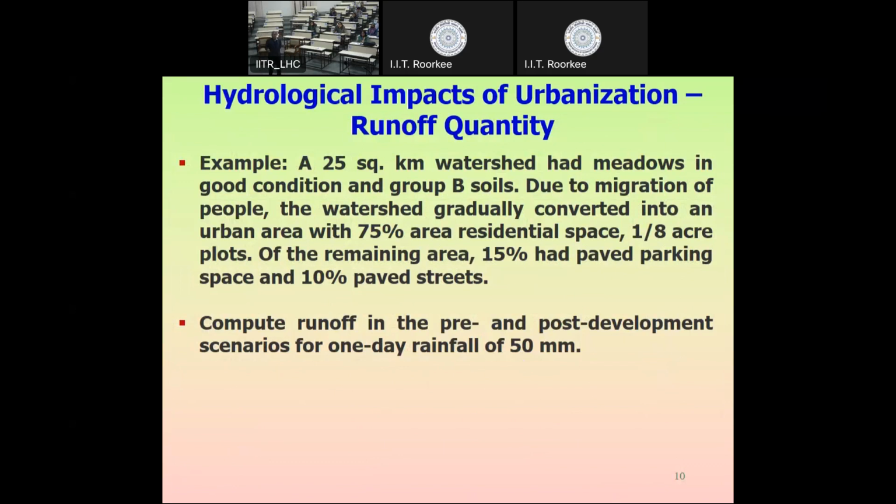After some time, this place was completely urban, with 75% of the area occupied by residential space with this plot size. Of the remaining area, 15% had paved parking space and 10% paved streets. Now the question is that we need to compute runoff in the pre and post development scenarios, given that one day rainfall is 50 mm.